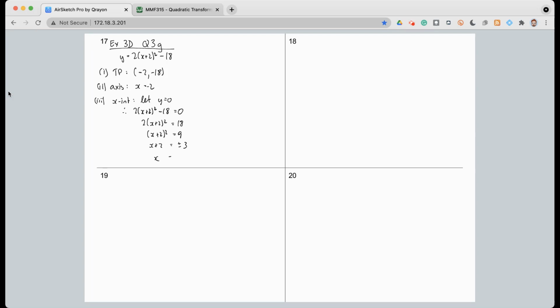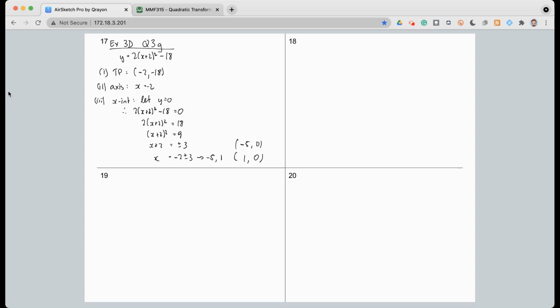Therefore, x is equal to -2 plus or minus 3. So -2 minus 3 is -5, and -2 plus 3 is 1. So my 2 coordinate points here are -5, 0, and 1, 0. Okay, so I've got my critical points here.